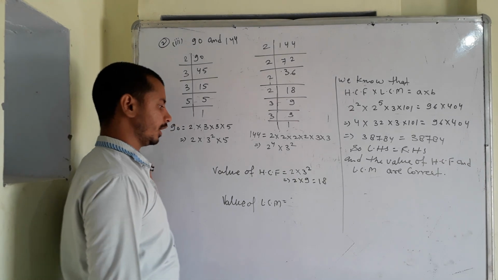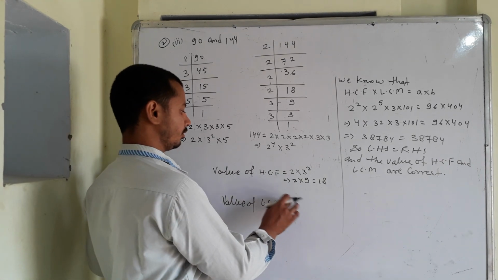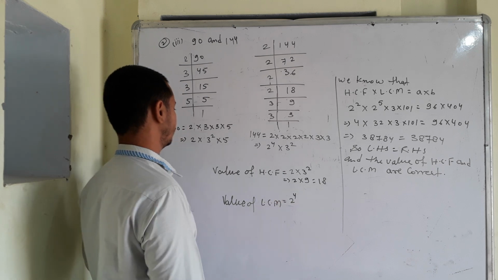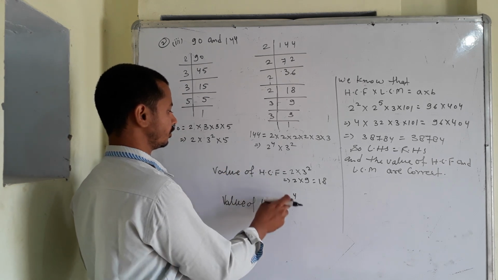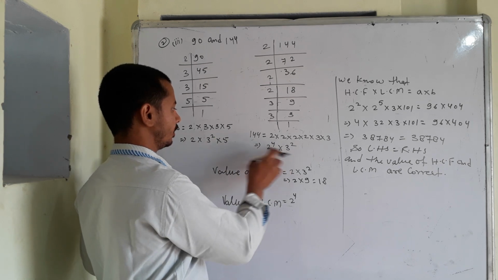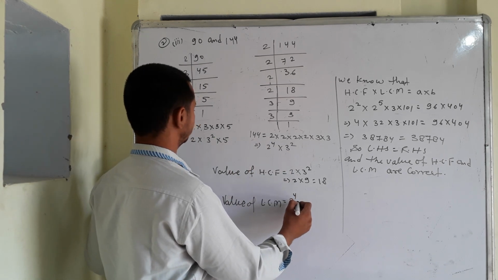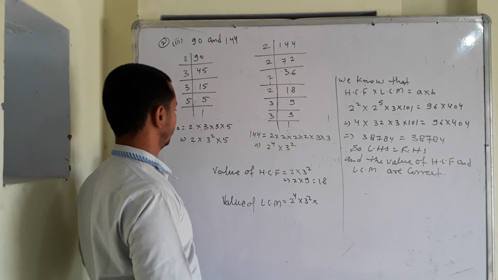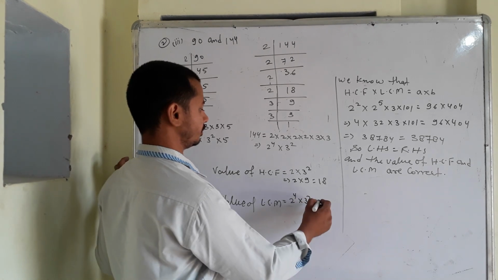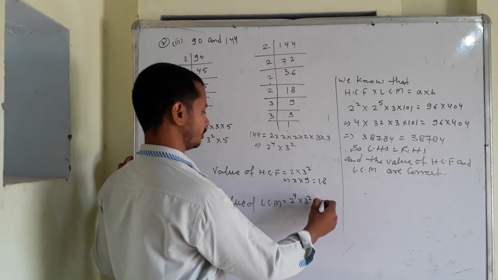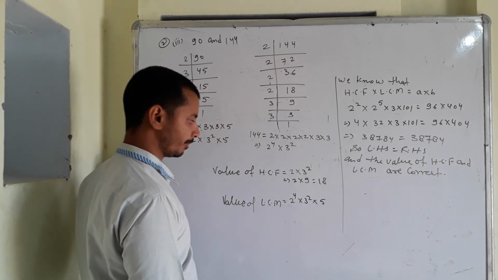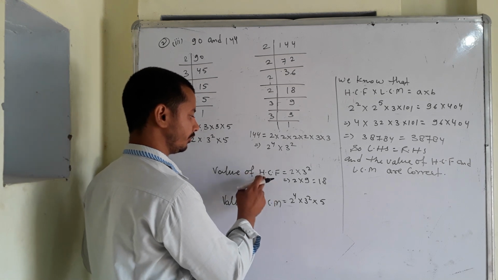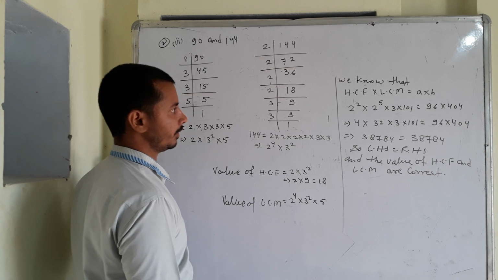And the value of LCM is the maximum power of the factors: 2 power 4 multiply 3 square, and the other part is 5, okay. This is the value of LCM and this is the value of HCF, okay.